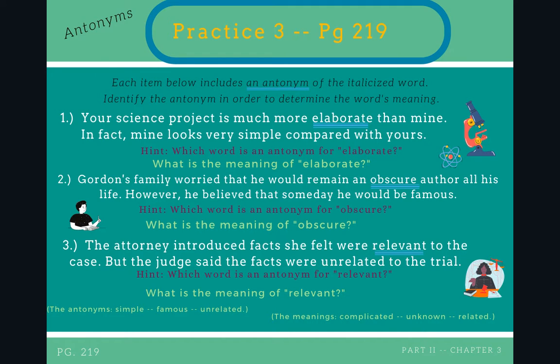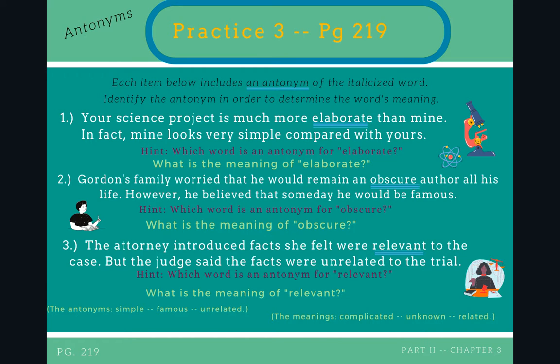There's also going to be in that sentence or in that phrase another word or phrase that is an antonym of that keyword, of the italicized word. So we're trying to do 2 things. We're trying to identify the antonym, and then we're trying to determine the keyword's meaning, right?